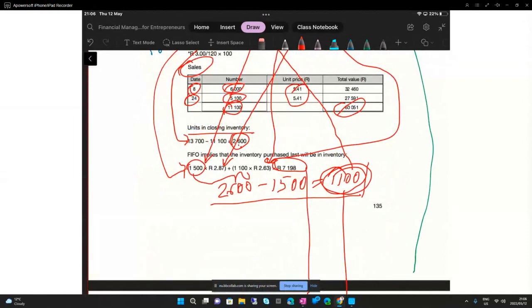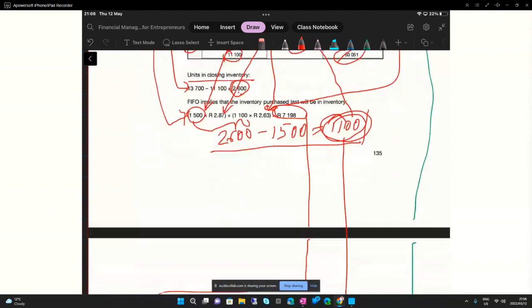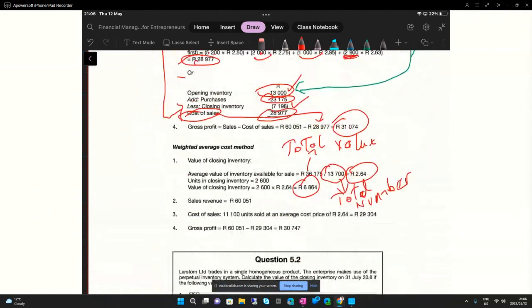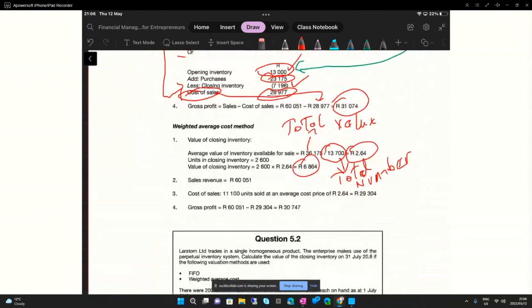Remember, it's this 2,000 because we're looking at the total minus what was sold. That's the closing. The total minus what was sold. 11,100 was sold, right? So, pretty easy. The sales revenue always stays the same.